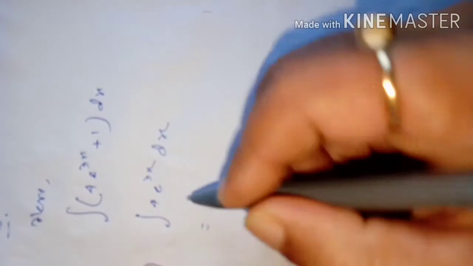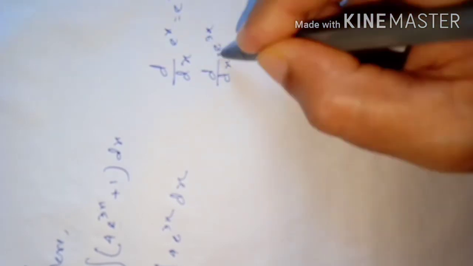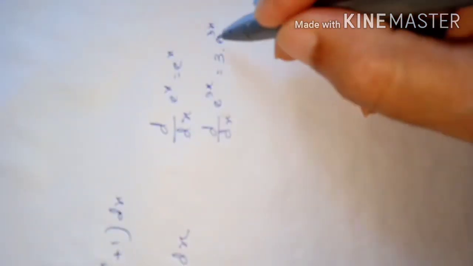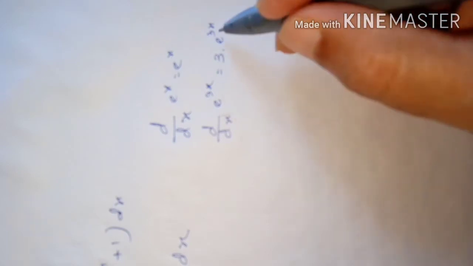Then as you know, d by dx of e to the power of x is what? E to the power of x only. Then if we see that way, d by dx of e to the power of 3x, no? Then we get 3 times e to the power of 3x, because derivative of 3x is 3 and then derivative of e to the power of 3x is e to the power of 3x, no?